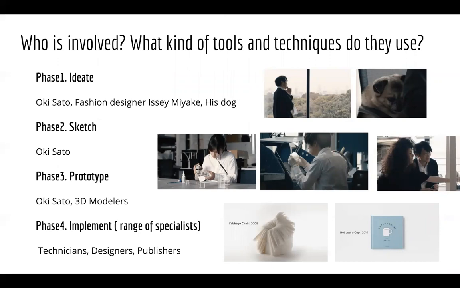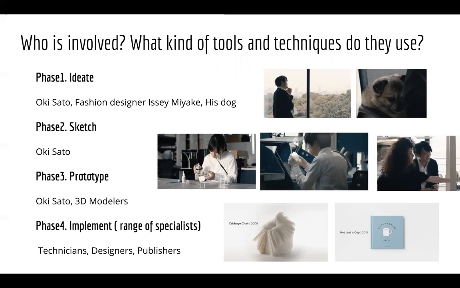Oki Sato is usually inspired by repeating daily routines such as walking his dog the same route. Another interesting source for his inspiration is his close friend, designer Miyake. The next phase, sketching, Oki Sato does on his own using just paper and a pencil.